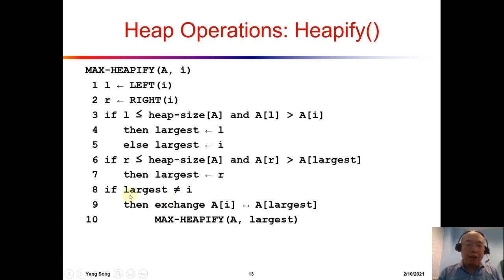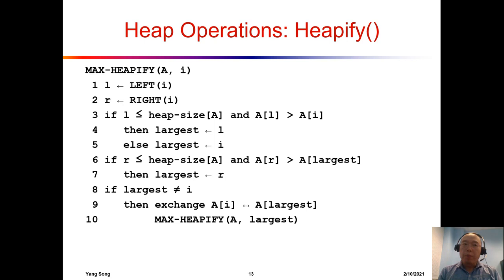And then if the largest is not the parent, not i, what do we do? We do a switch between the largest and i. After that, even though we move the parent down to a child, it's not guaranteed that the new location is the right place for the parent.